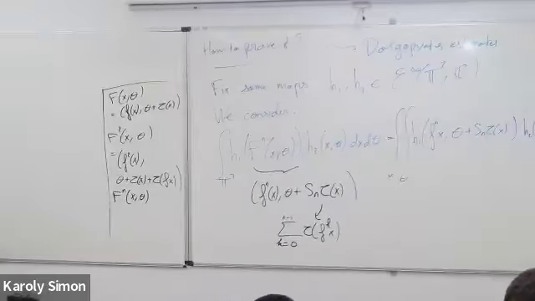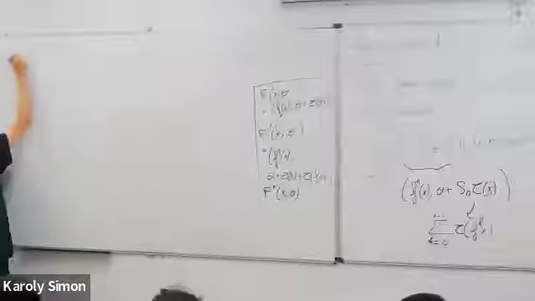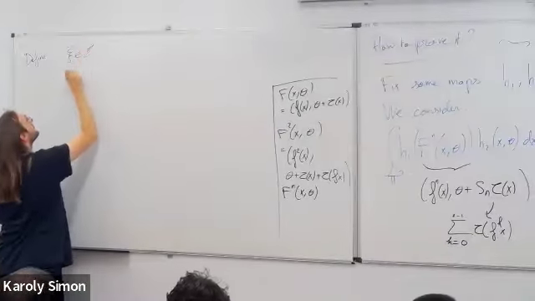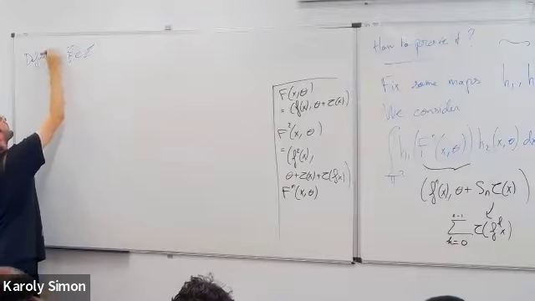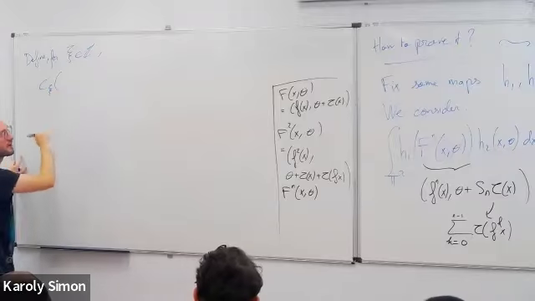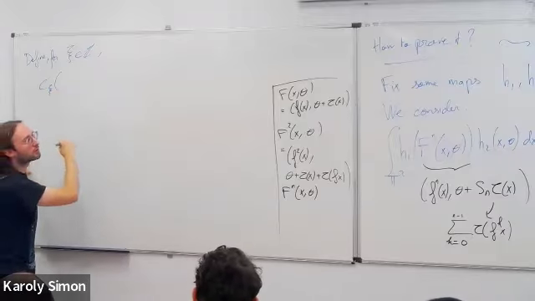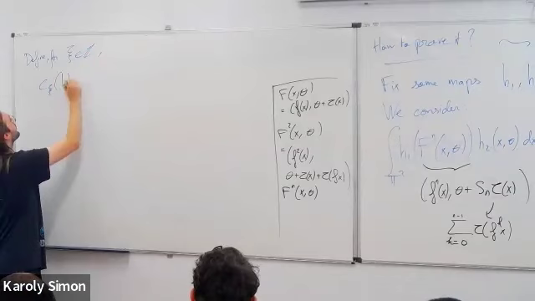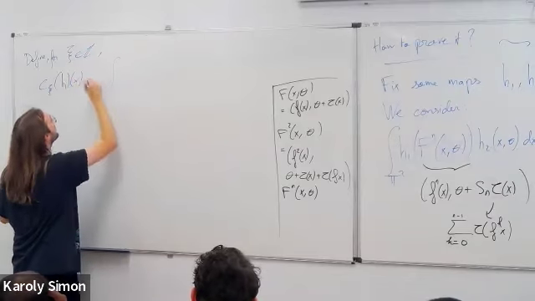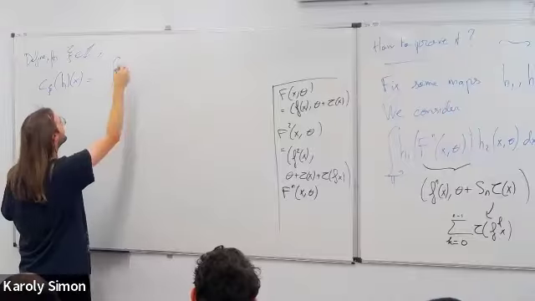So let me define some notation. When psi is some number in Z, I'm going to denote by C psi of h1 of x the Fourier coefficient for x in theta.